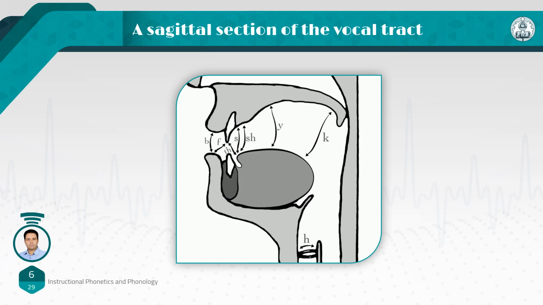We use h with our throat. These are the major sounds or major consonants, at least in the English language. Now we will explain each of these sounds one by one, and we will name the place of articulation for each of these sounds.